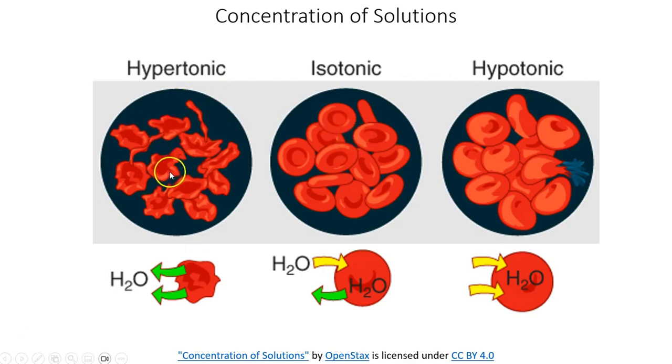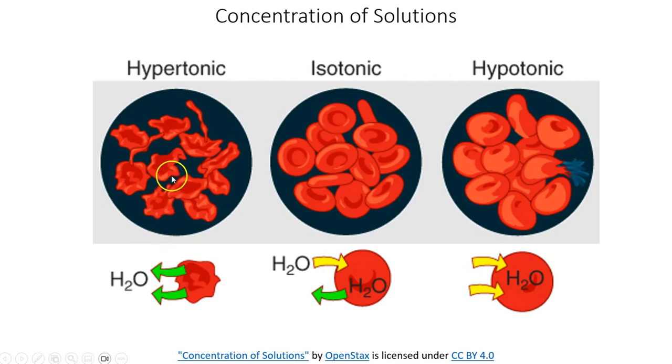If we come over here on the left and look at a hypertonic solution, so the concentration of solutes is higher outside of the cell, and again, we're going to try to move water out of the cell to try to equalize that concentration, and as we pull water out of these cells, the more water we pull out, the more they're going to shrivel up, which means less space for hemoglobin, less room for oxygen molecules, so these cells are not functioning the way they're supposed to inside of the body and are not able to carry oxygen and carbon dioxide and stuff around to where it needs to go.